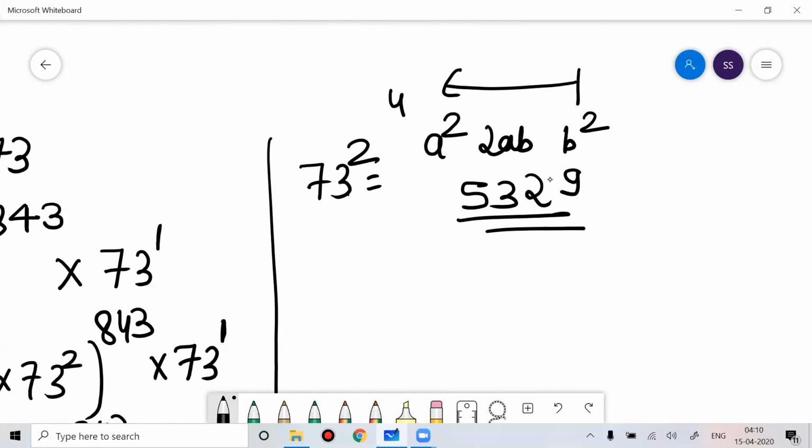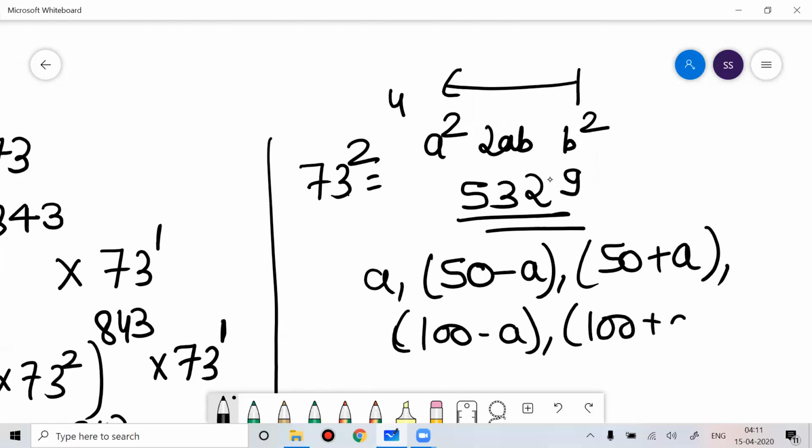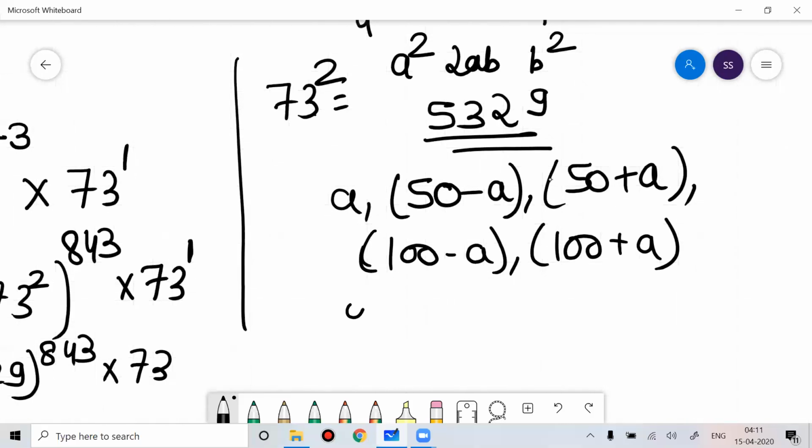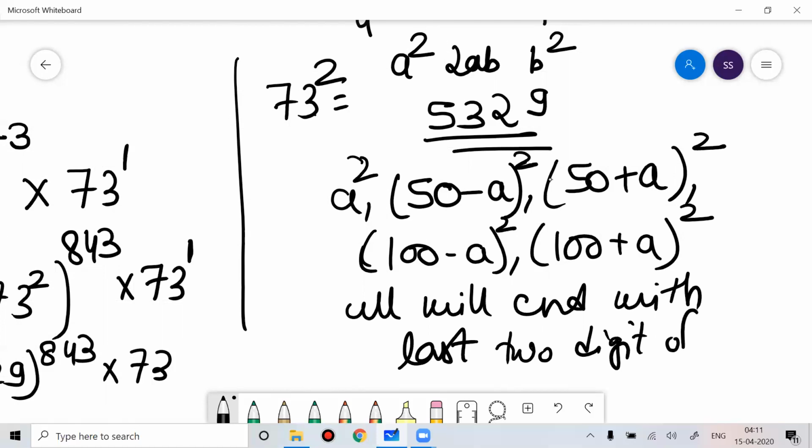Guys, I don't want you to do this. Just remember one thing: a, 50 minus a, 50 plus a, 100 minus a, 100 plus a, their squares all end with the last two digits of a square only.